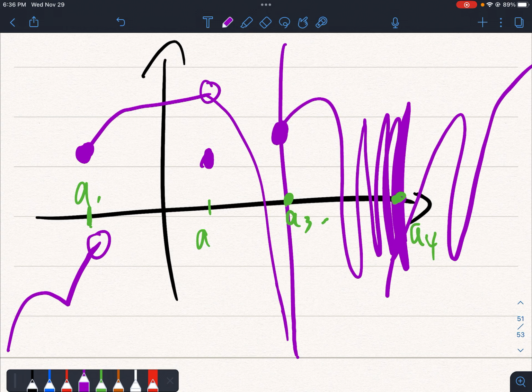And the fourth one is this. So this is when the function oscillates at this point, which means both one-sided limits do not exist. Okay. So this is about the discontinuities.